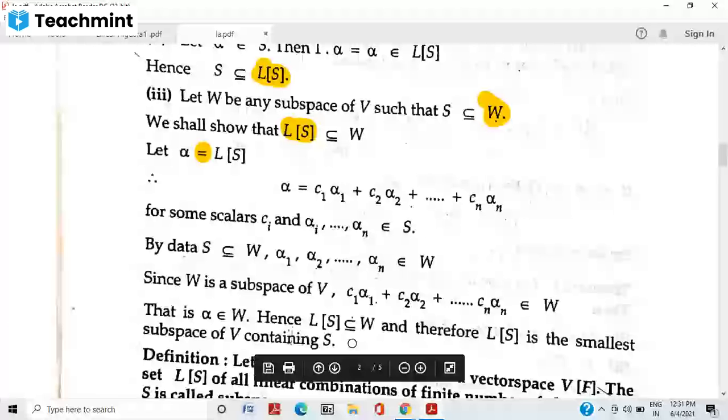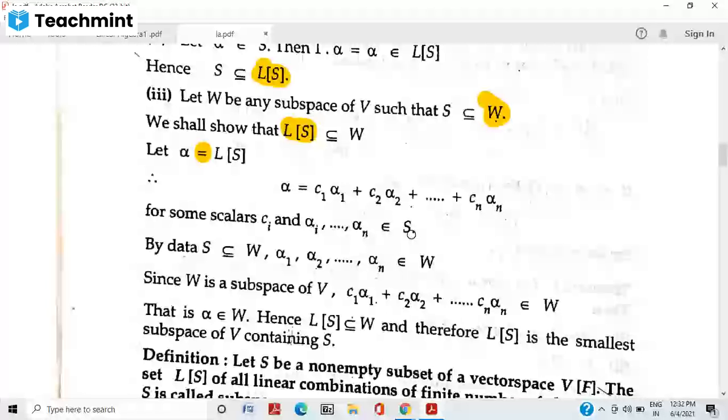I will repeat that. Previously, we got L of S is a subspace of V containing S. Then what should we prove here? We should prove that L of S is the smallest subspace of V containing S. For that, we assume that another subspace W is there containing S. For that, we take alpha belongs to L of S. Then alpha can be written as a linear combination of alpha 1, alpha 2, etc., alpha n.